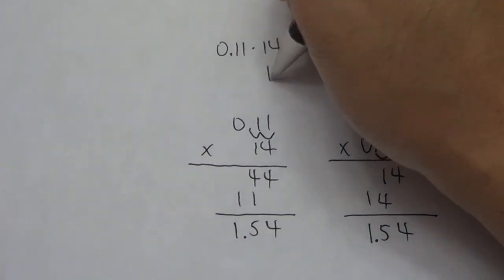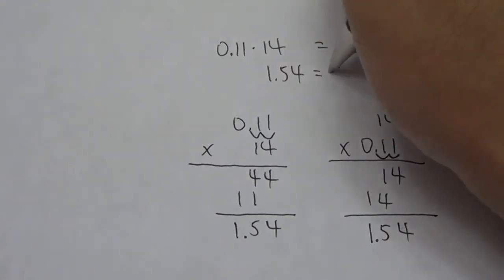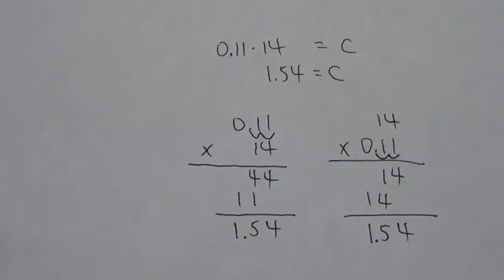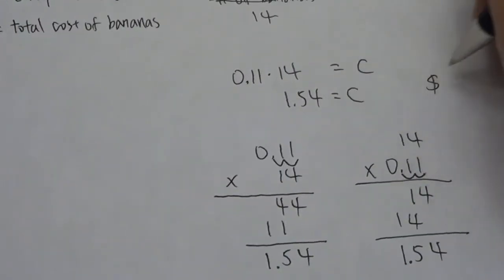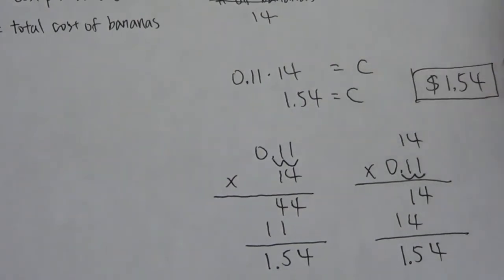So that means 1.54 equals c. And c is the total cost of bananas, meaning we need our units to be dollars, and that is our answer.